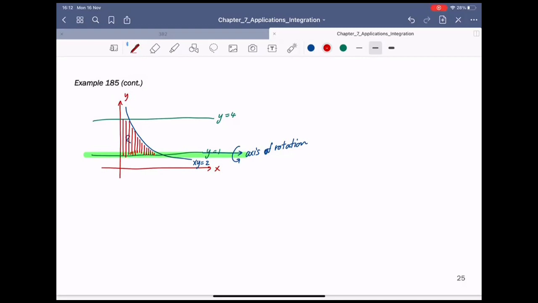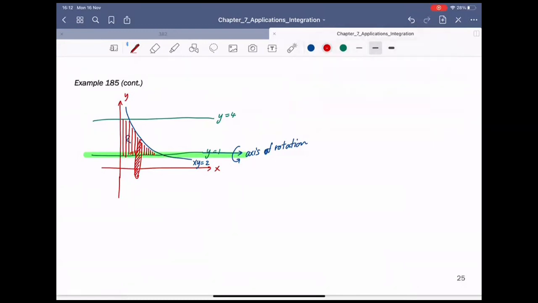Because if I use the axis of rotation here, at the end I'm going to get the solid, something like that. But I cannot draw it here because it's 3-dimensional. However, your cross section is going to be like that picture.